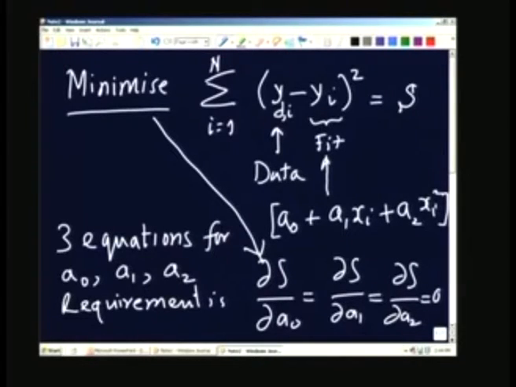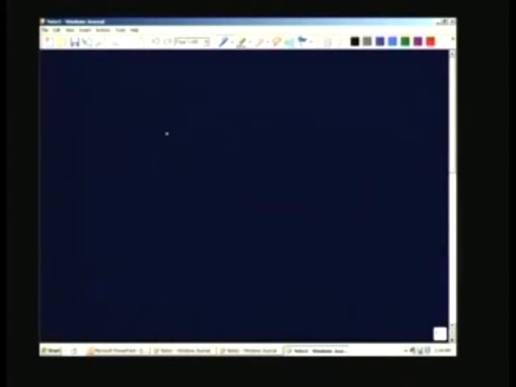So, if we do that, you can immediately see that instead of two normal equations, we are going to get three normal equations. And let us just see what the normal equations are by writing down the expressions for dou S by dou a naught or any one of them. For example, I can take dou S by dou a2.